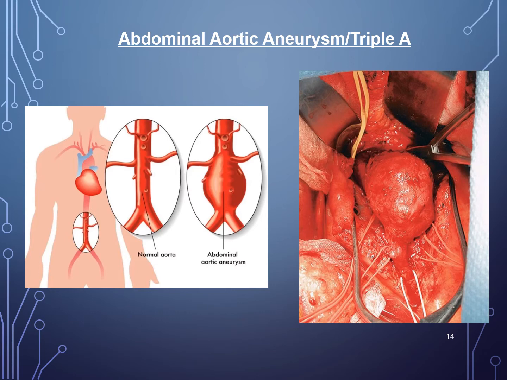One example of a truly emergent situation in surgery is an abdominal aortic aneurysm, or what we refer to in the field as a AAA. And you can see the image on the left shows normal aorta, and then you can see this bulging area of the abdominal aorta right before that bifurcation.